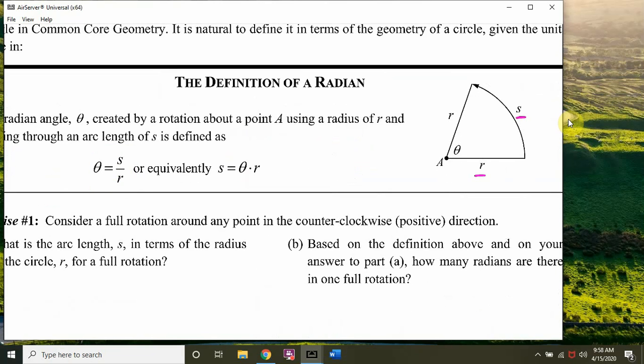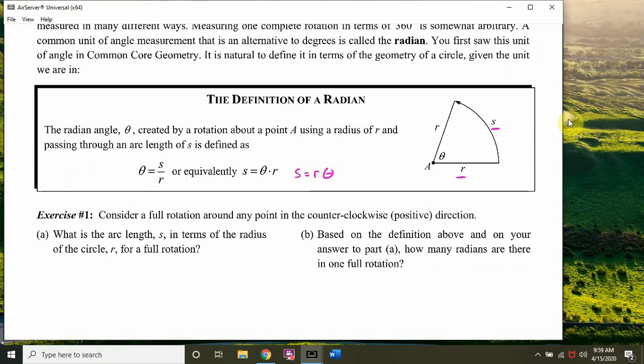And if we do a little bit of algebra on this formula, we could actually multiply both sides by r to get it out of the denominator. And that's what gives us that formula, S equals theta times r. Or I usually write it as S equals r theta. Either way. But again, basic idea of a radian, if we have a circle, I measure some angle.